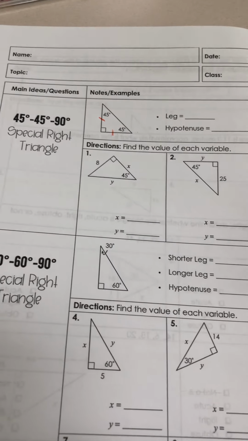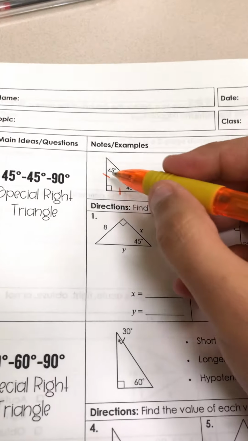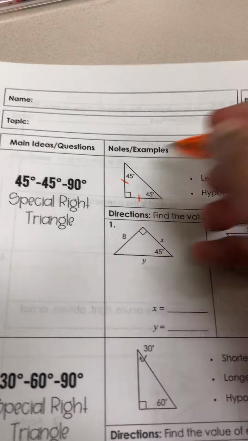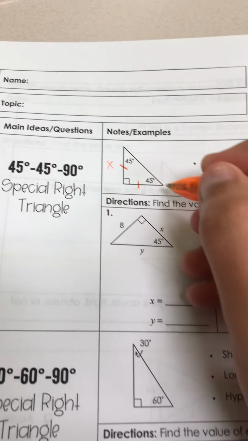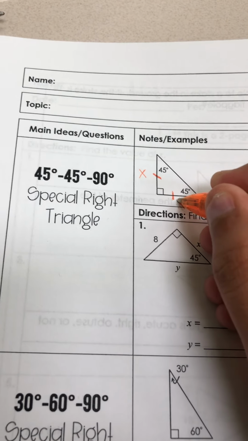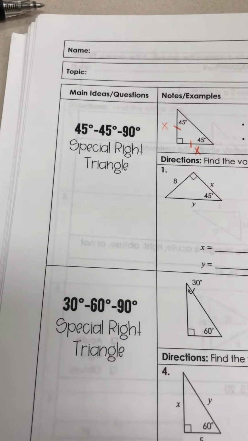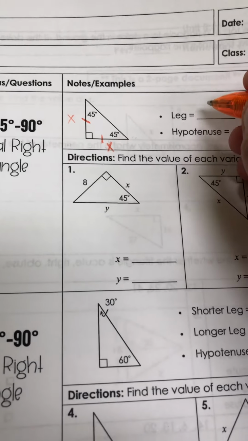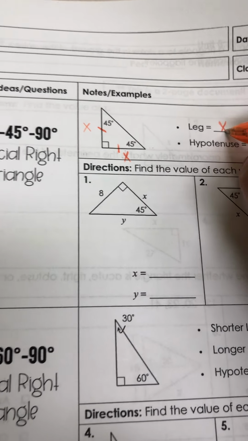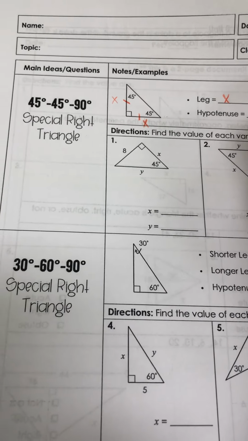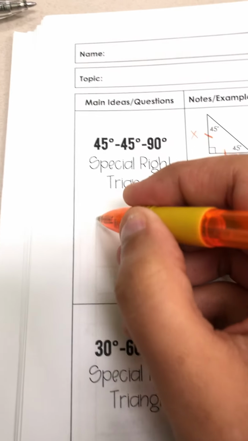So if this is x, this will also be x. Each leg would be equal to x.